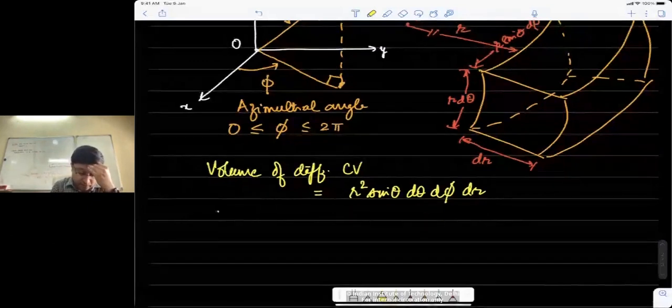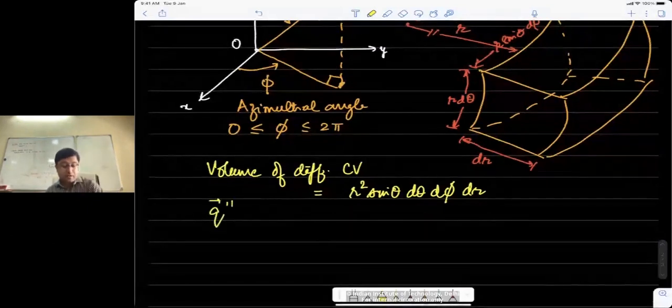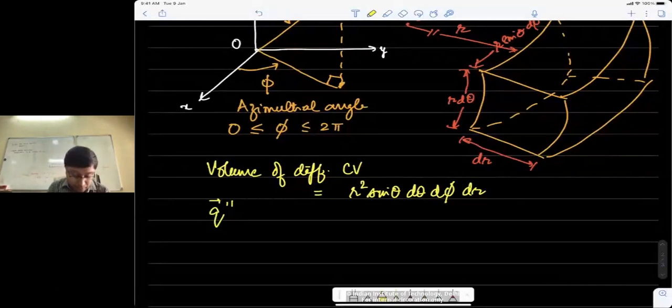So what about flux now in the spherical system? Again, flux is minus k gradient T, except the definition of the gradient will again change now.